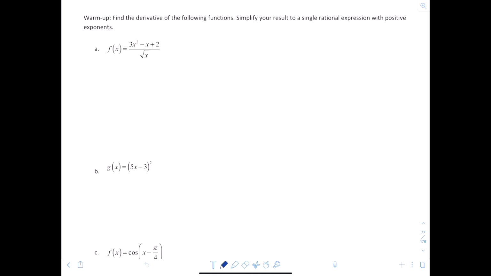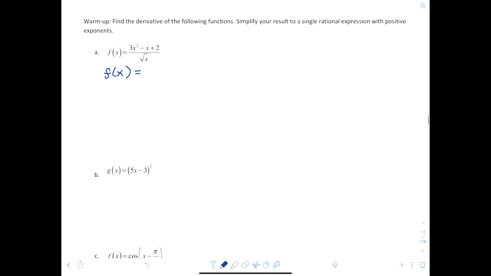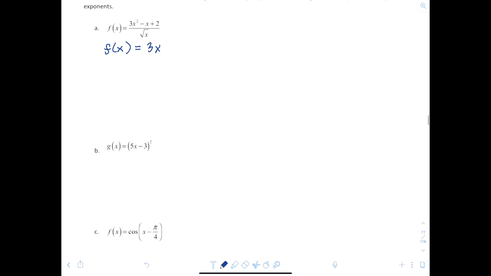For this first problem, I am going to opt to rewrite f by dividing through by x to the 1/2. So that's going to give us 3x to the 3/2 minus x to the 1/2 plus 2x to the negative 1/2.